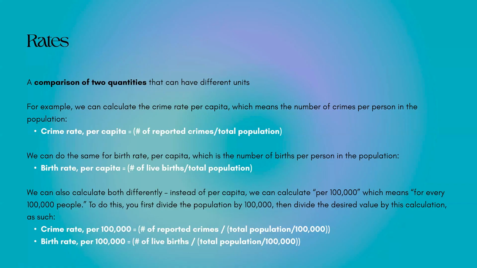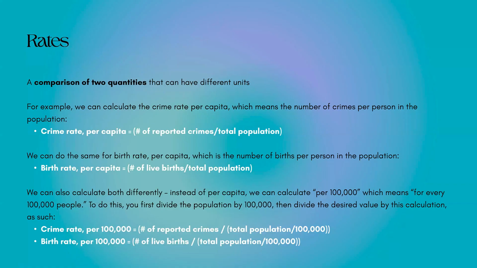So, for example, we can calculate crime rate per capita, which is the number of crimes per person in a population. So, crime rate per capita would be the number of crimes in an area divided by the total population in an area. So we're comparing numbers of crimes to people, right? Crimes to people, right? So that's how rates and ratios differ.